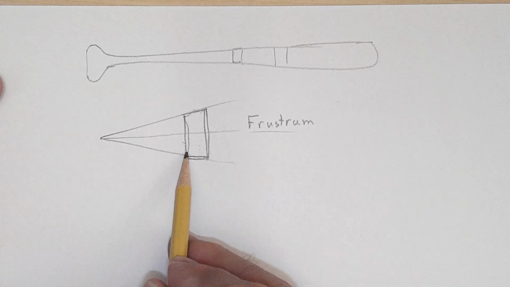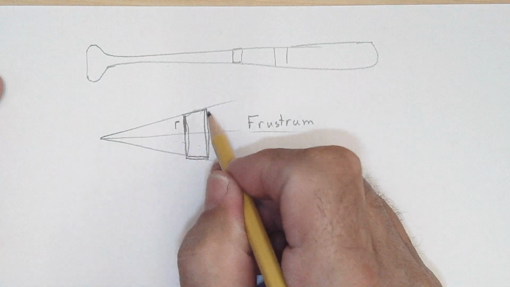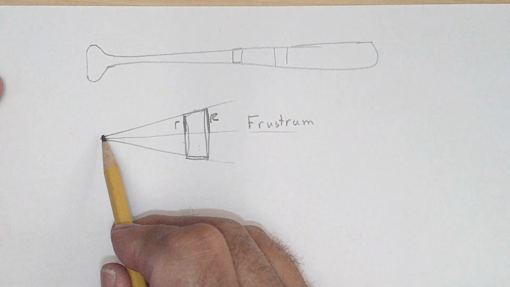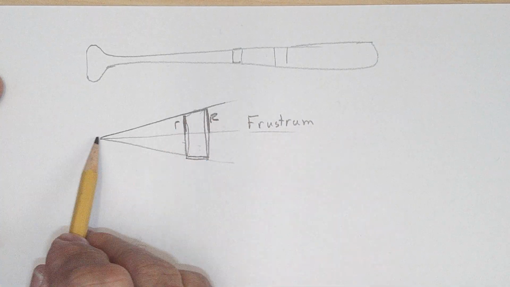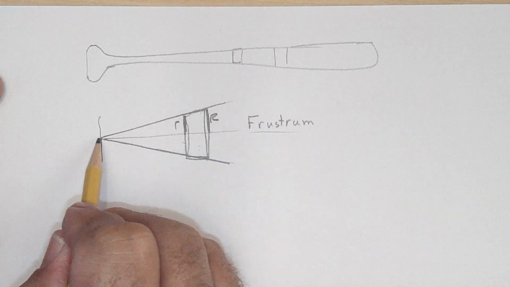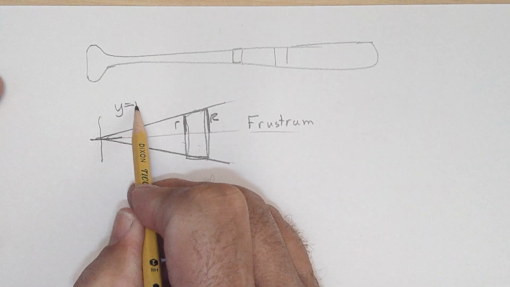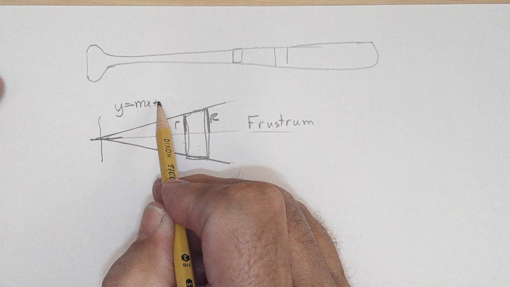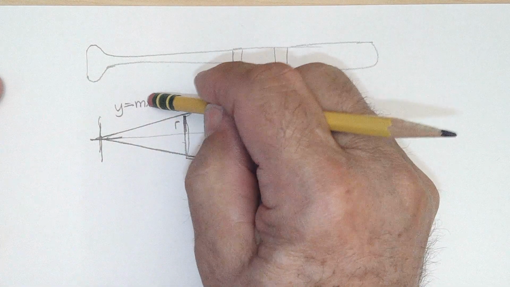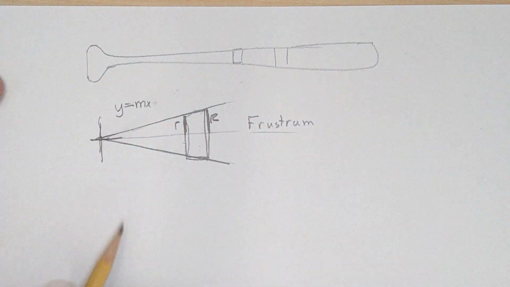So, there's a short radius here and a larger radius here. If it's a perfect cone, these are straight lines. If I put a coordinate system here, this line would be y equals mx plus b, but since I put the origin there, it'd be plus 0. So y equals mx.